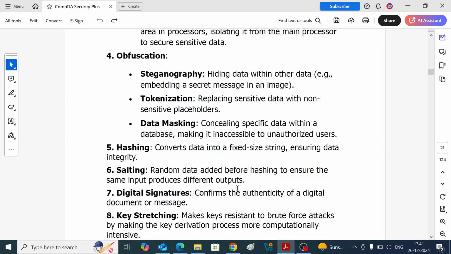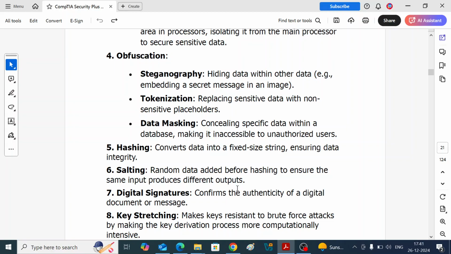Say there is a credit card number of 16 digits. In some places you change some of the digits and replace them with something non-sensitive.